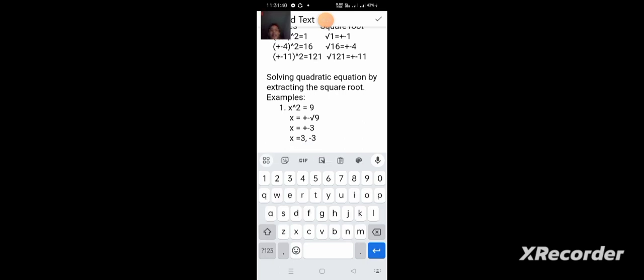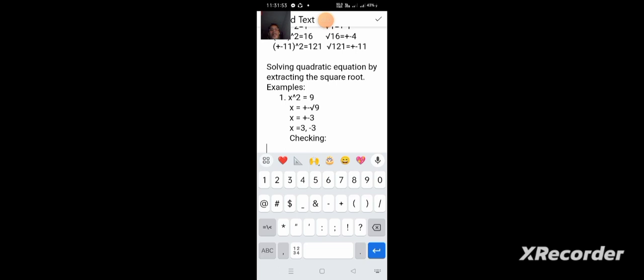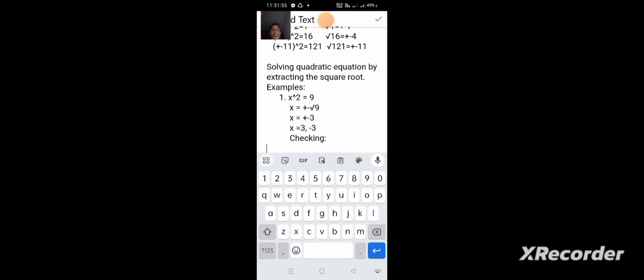Okay, let's have a checking. Let's see if the answer is correct. In checking, we are going to use the value of the variable. To make it true, the left side must be equal to the right side.